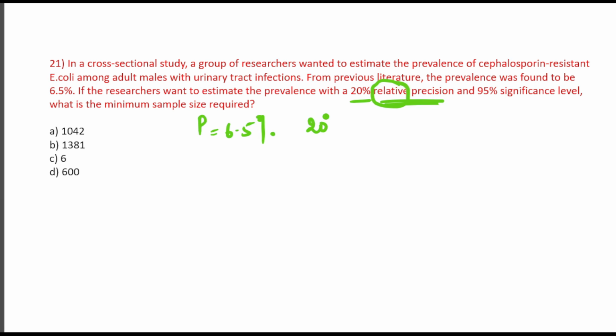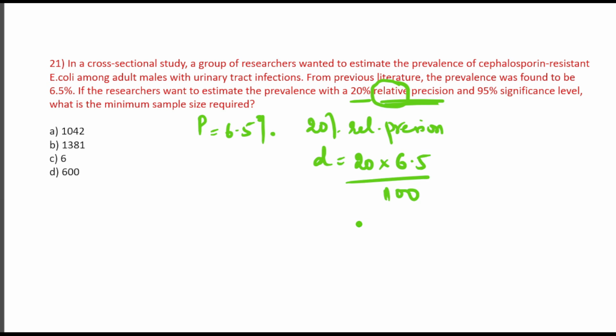What does that mean? 20% relative precision means the D value you have to take as 20% of the prevalence, that is 6.5%. If you solve this, it will come to around 1.3. If it would have been an absolute precision, then the D value would be directly 20.